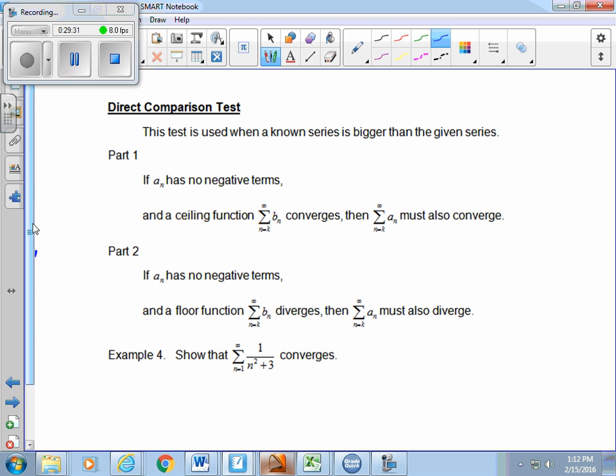So if a sub n has no negative terms and b sub n is greater than it always, if b sub n converges, then a sub n also converges. Similarly, if a sub n has no negative terms and b sub n is smaller than a sub n all the time, and b sub n diverges, then a sub n must also diverge.